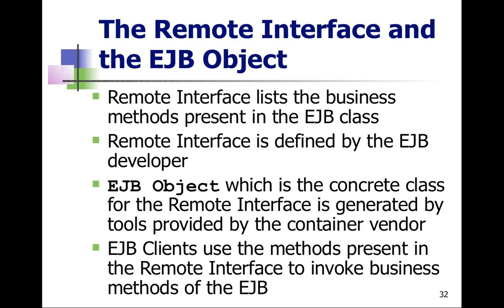So the remote interface and the object itself, the remote enterprise bean object, lists the business methods present in the class. The remote interface is also defined by the developer. Both of these are defined by the developer. It concentrates on the class for the remote interface. It's generated by the tools, by the vendors themselves. And again, it uses methods to present the interface, to invoke business methods.